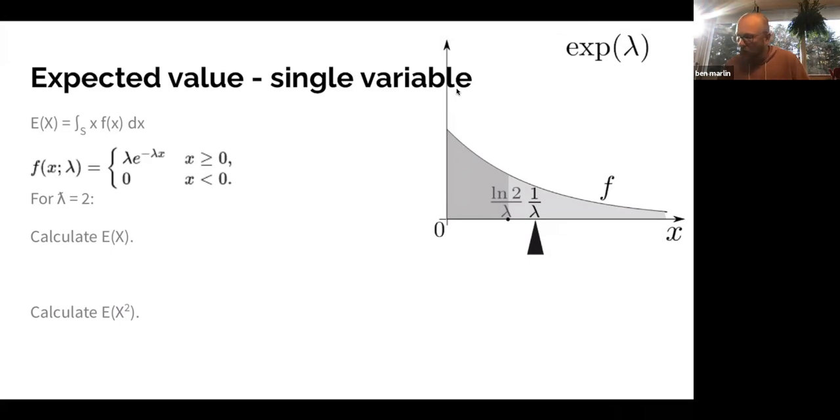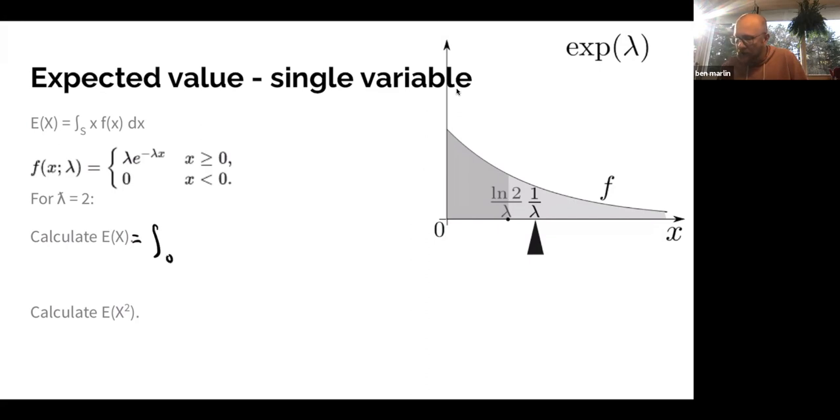So for what we're going to do here, we're going to calculate this, E of x, the expected value of x. So we're going to integrate, and we're doing an exponential distribution.